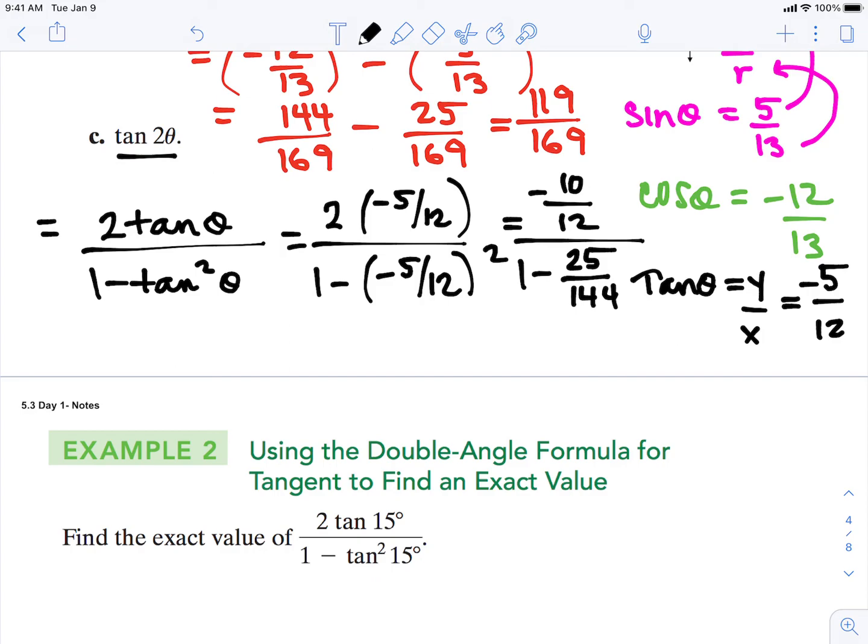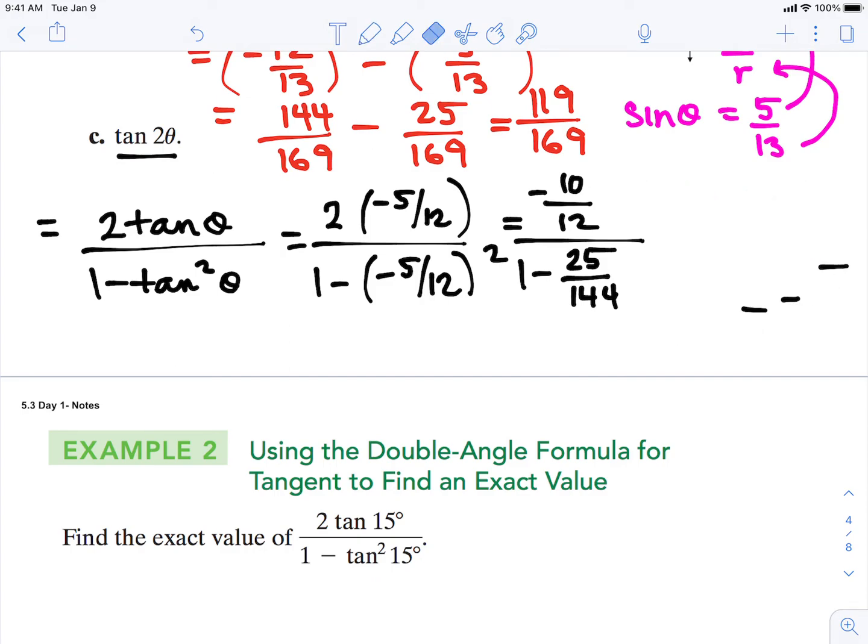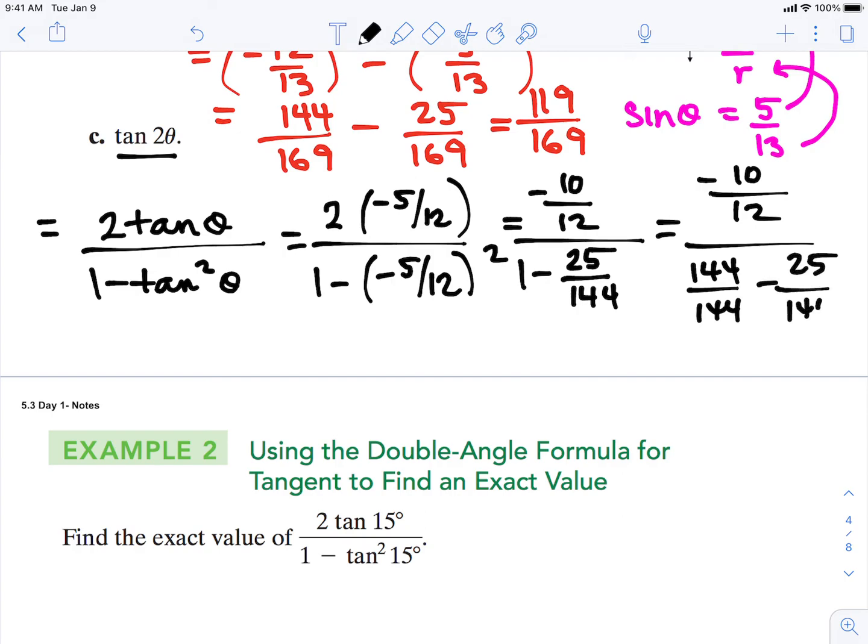We do need to simplify that denominator a little bit more before we can keep, change, flip. So I'm going to change that 1 in the denominator to 144 over 144, so I can subtract those two fractions. So now 144 minus 25 is 119.